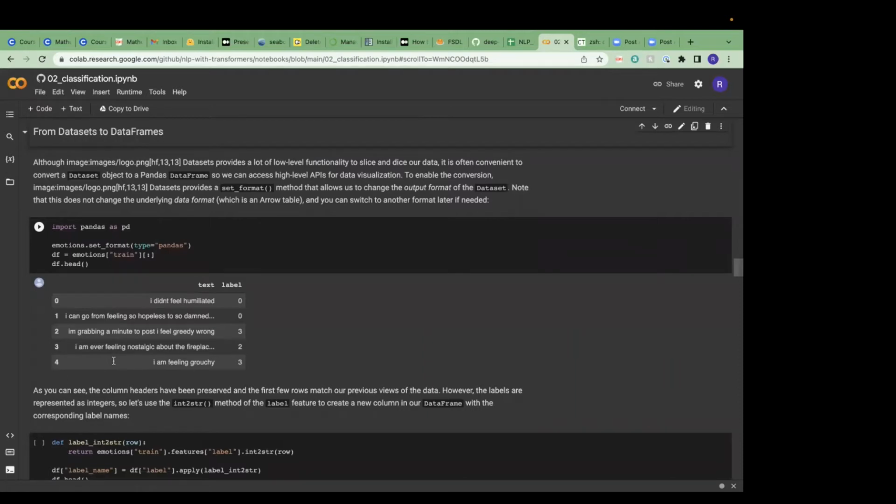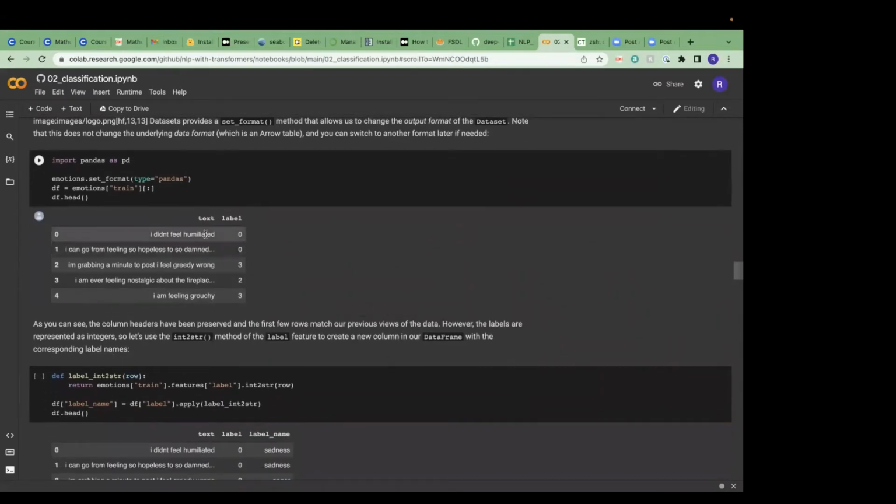For example, you can set the format to be pandas. In this case, the data set will be converted to a data frame, and you see an example of the data frame in Jupyter Notebook.